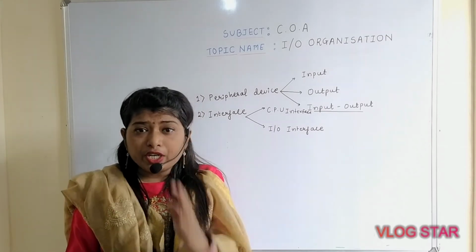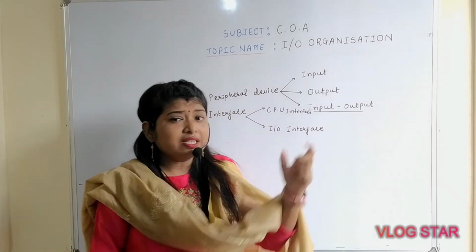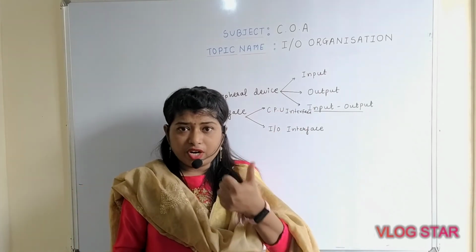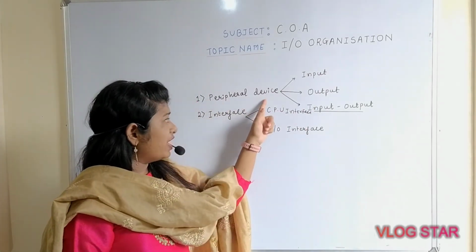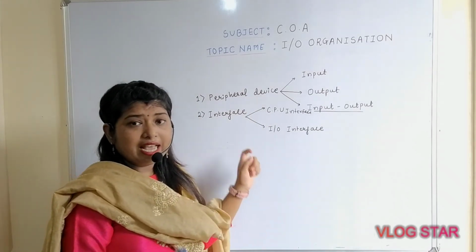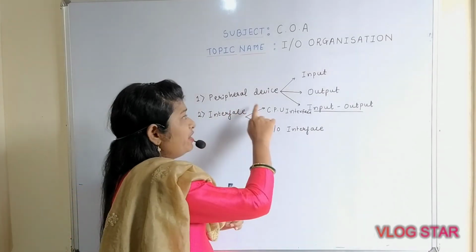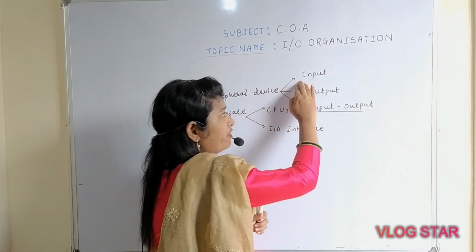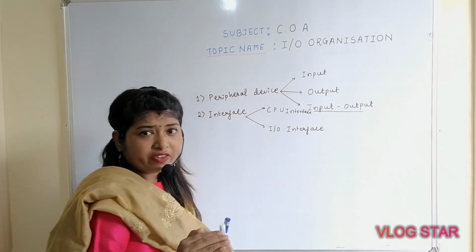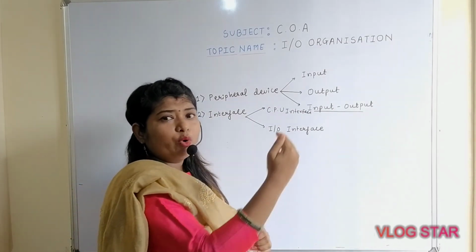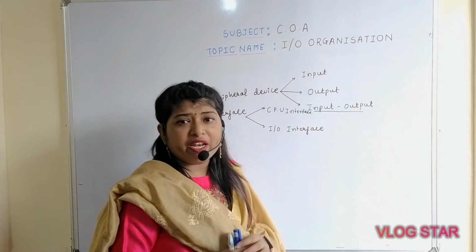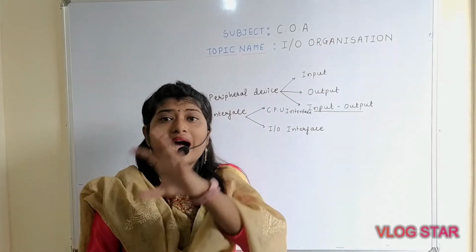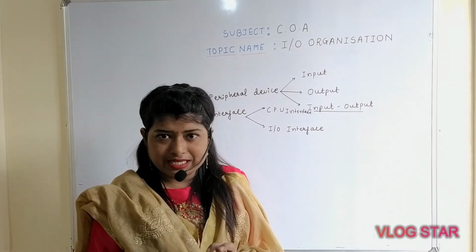I hope you have understood the two important parameters related to the input output organization. The first one is peripheral device, the second one is interface. Peripheral device is divided into three different parts: input peripheral, output peripheral, and input output peripheral. Input peripheral allows user input from the outside world to the computer system.